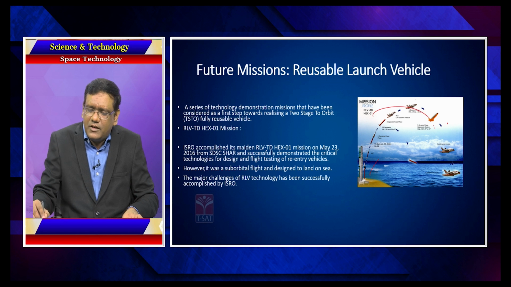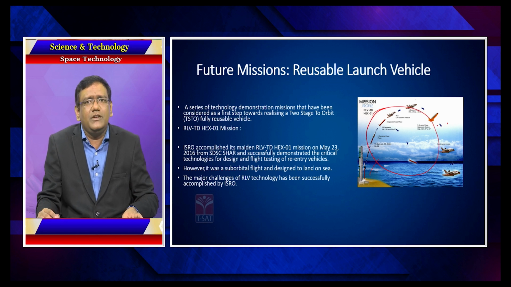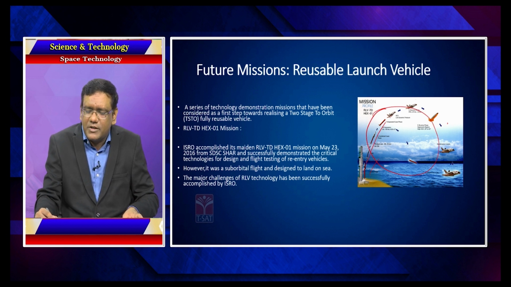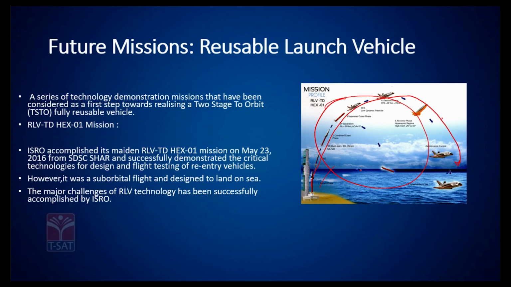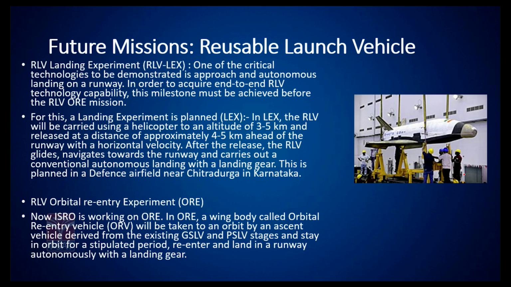You can see that since it has not completed a full orbit, that's why it is called suborbital. You can see the vehicle went up to here and then it came back like this, but it did not complete one full orbit. So the major challenges of this technology have been successfully accomplished. You can see this vehicle was launched up to this point and then it was brought back onto the earth, and this technology we have used.